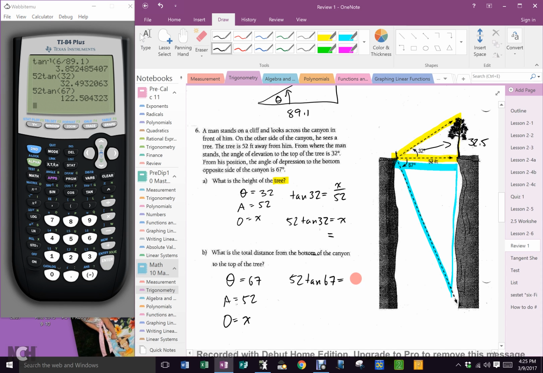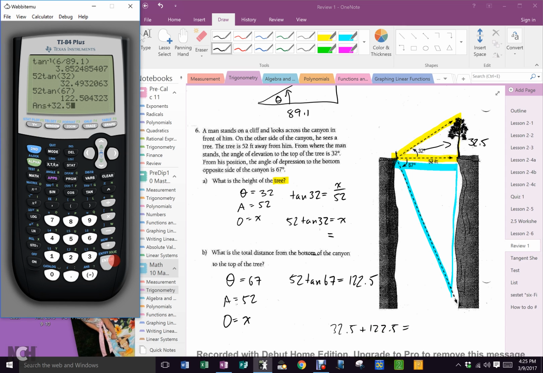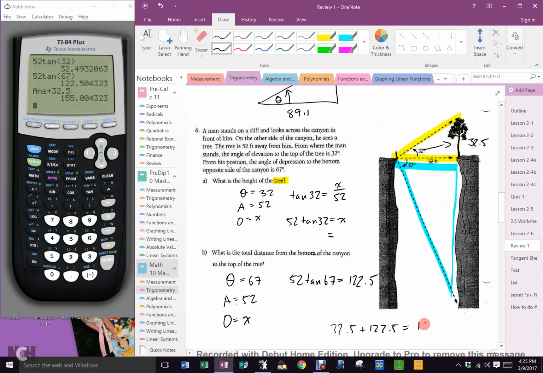And that's 122.5. Then I just add them. 32.5 plus 122.5 equals 155.